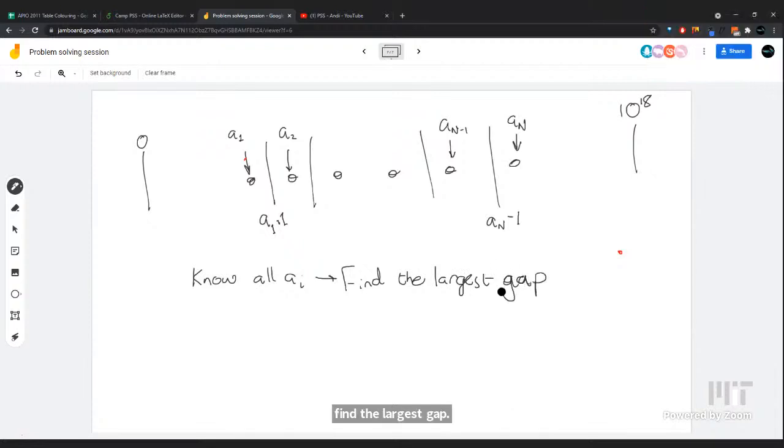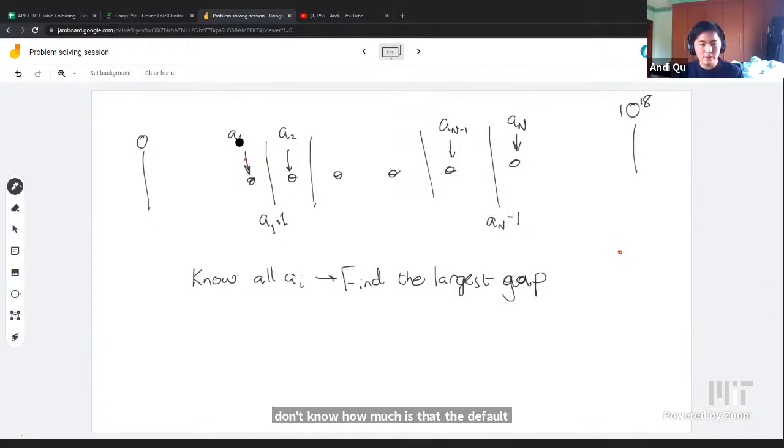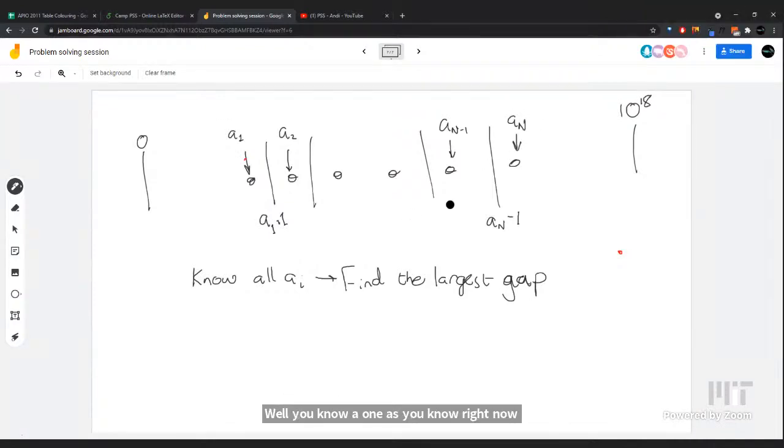How do you query the second time? You don't know the difference. Well, you know A1 and you know AN, right? But the range we had included closed brackets. They're all integers.